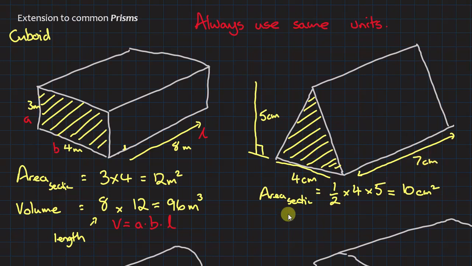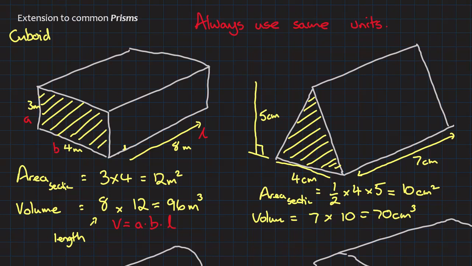So this tube has a volume of my length going back, 7, multiplied by 10, which is 70 centimeters cubed, because it's length times an area, centimeters times centimeters squared, the volume is in centimeters cubed.